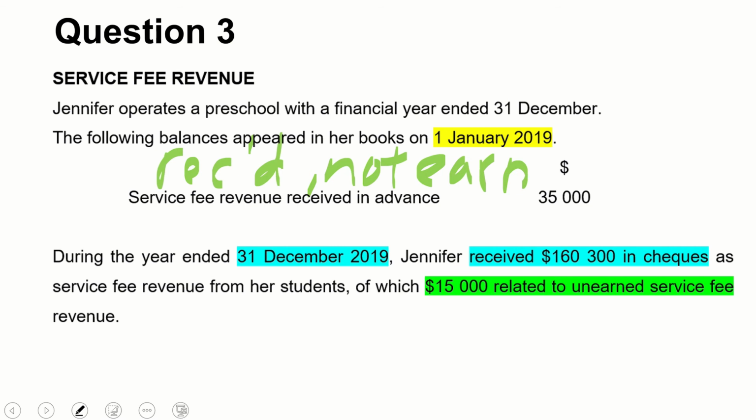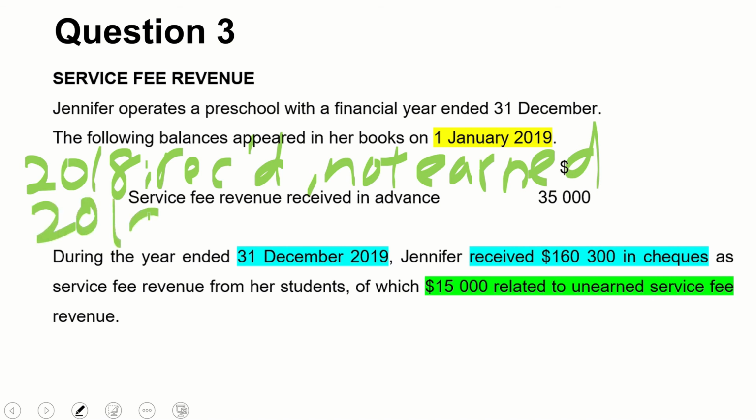So last year, that is 2018, you received the money but you did not earn it. So when will you earn it? You will earn it in 2019, because this year you will work very hard and you will earn this 35,000.